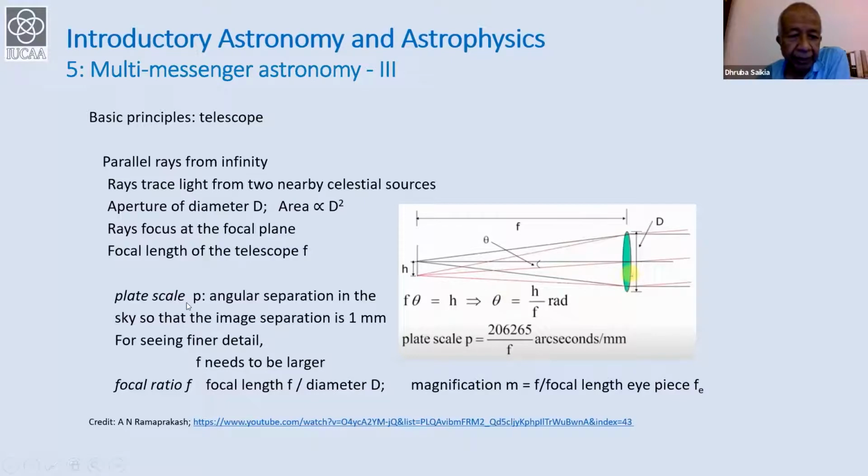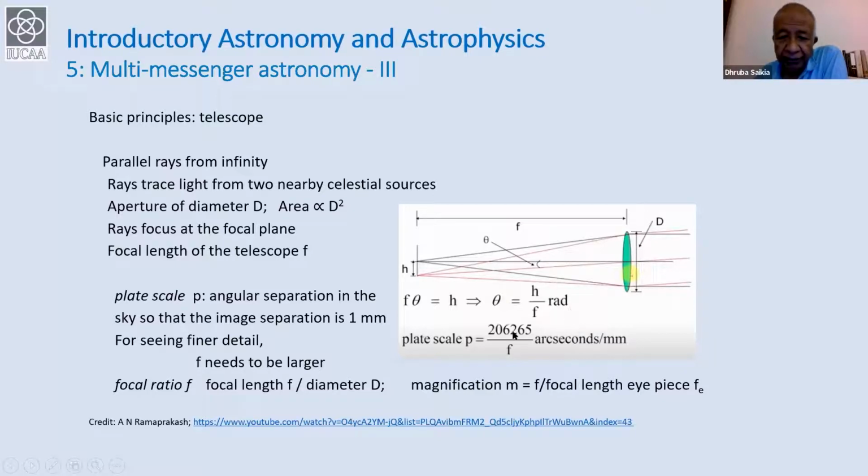So for example, I can measure it by the plate scale, P, and you can see from this expression that the separation between the two images on the focal plane, h, is equal to f theta. Here f is the focal length and theta is the angular separation. This is a small angle approximation, and it leads to theta equals h upon f.